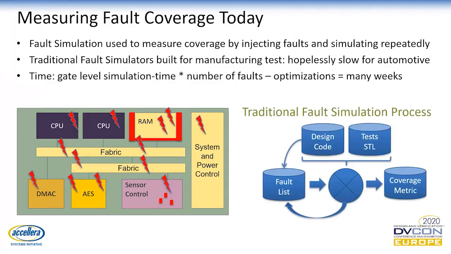What could be the time it takes? The general calculation is one gate-level simulation multiplied by the number of faults you have simulated. Even if you do a lot of optimizations, like reducing the fault cases, it takes many weeks. A traditional fault simulation is an iterative process, and you need to consider these iterations in the overall performance.